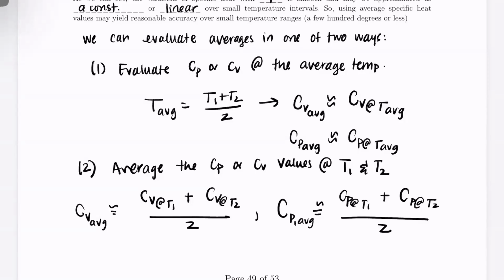So this is pretty simple and it's convenient when property tables aren't available. The results are reasonably accurate if the temperature range isn't big, and if the specific heat value is properly selected.